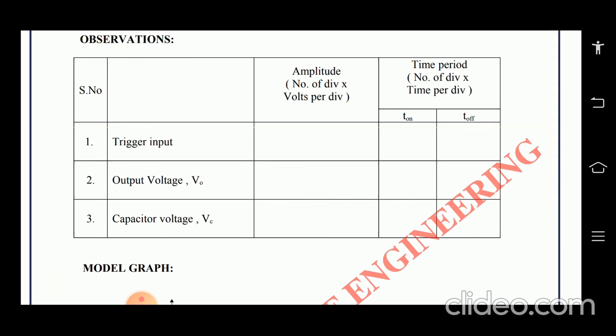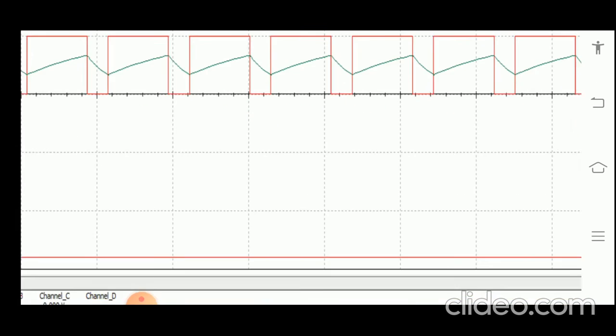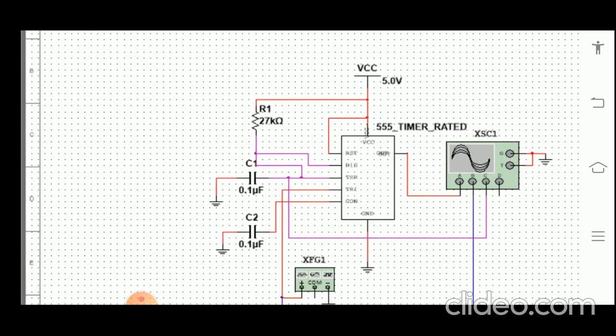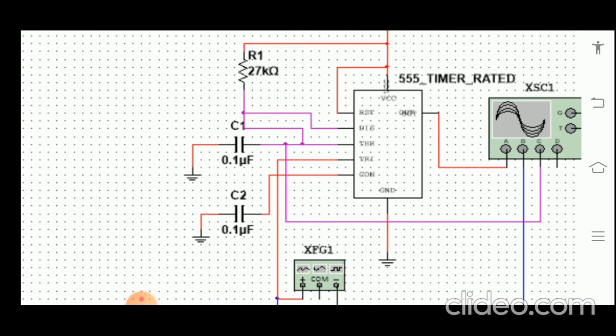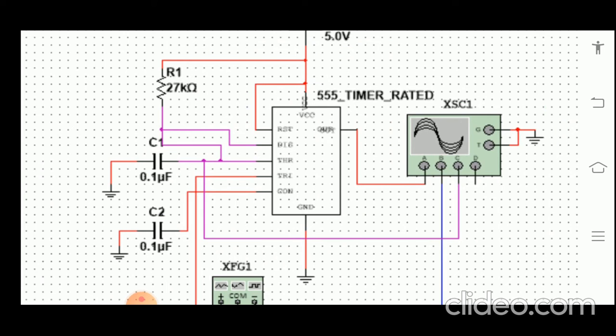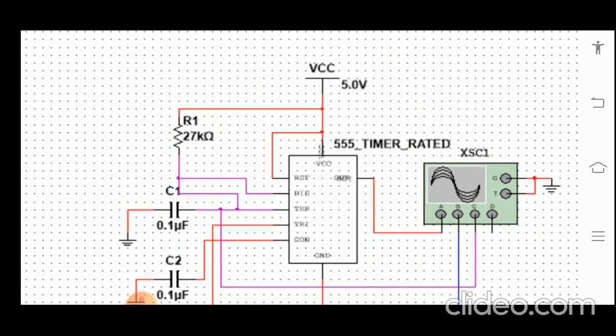For getting the concept, I am taking the circuit diagram in the Multisim software. This is the diagram which I constructed in Multisim. Similarly, we can take the components: the function generator, XFG1, the CRO, XSC1, and the 555 timer.